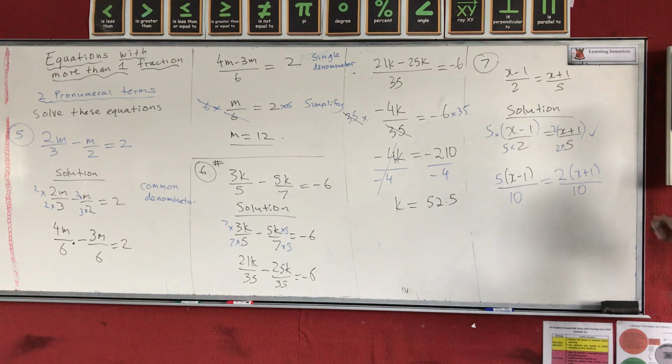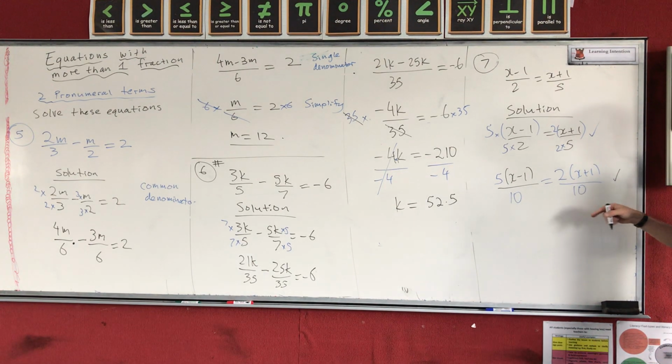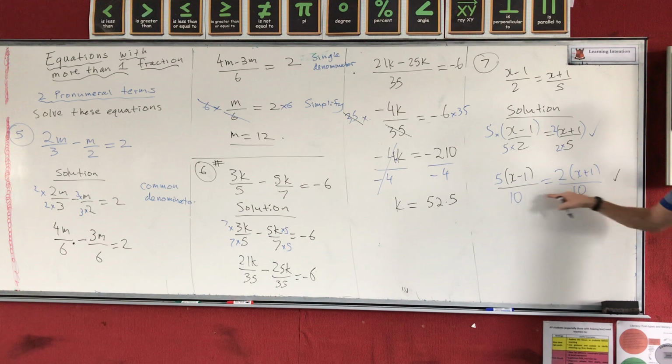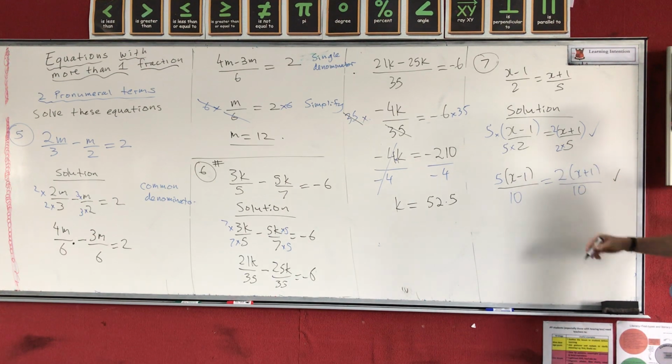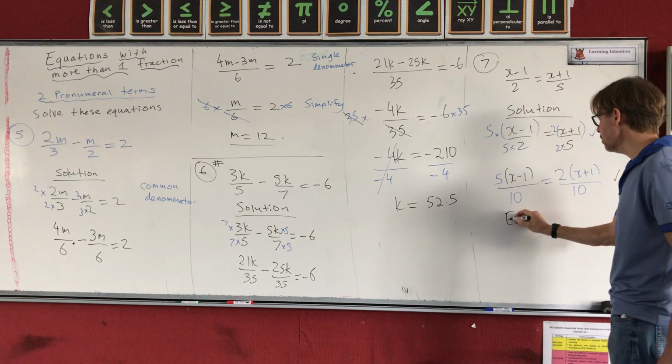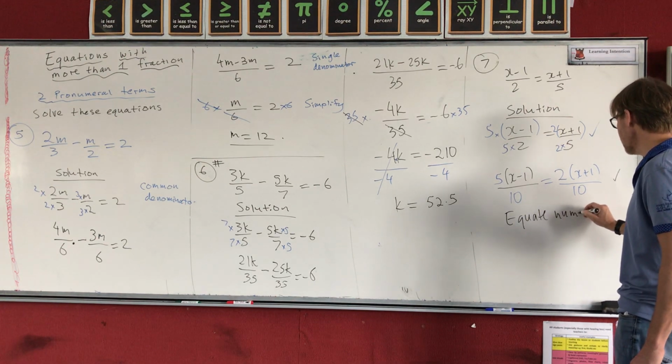Okay, now, so far we've got common denominators, which is good, that's what we want. Now, these questions are a little bit different. Now you've got common denominators, right? Okay, if the denominators are equal, the numerators are equal. So the next step for these questions is to equate the numerator.